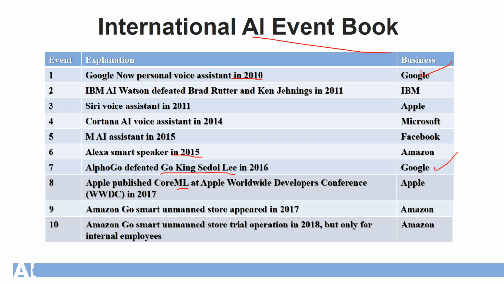I remember the 6th store is in Wenshan district. Oh, actually, we can check on Moodle later, okay? And number 10, Amazon in 2018, Amazon Go smart unmanned store trial operation, but only for internal employees, okay?